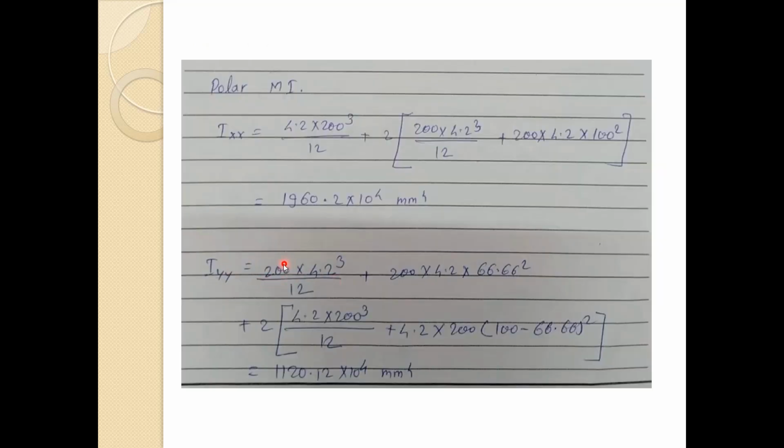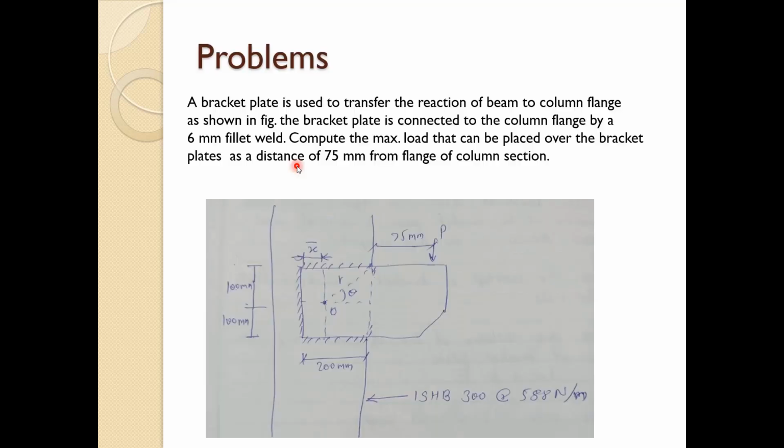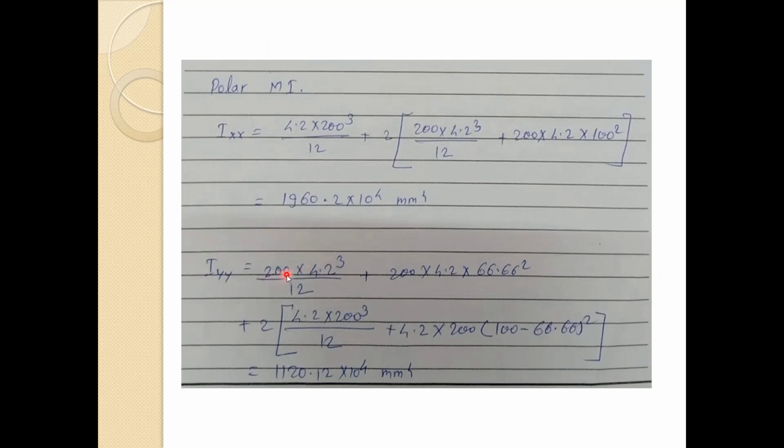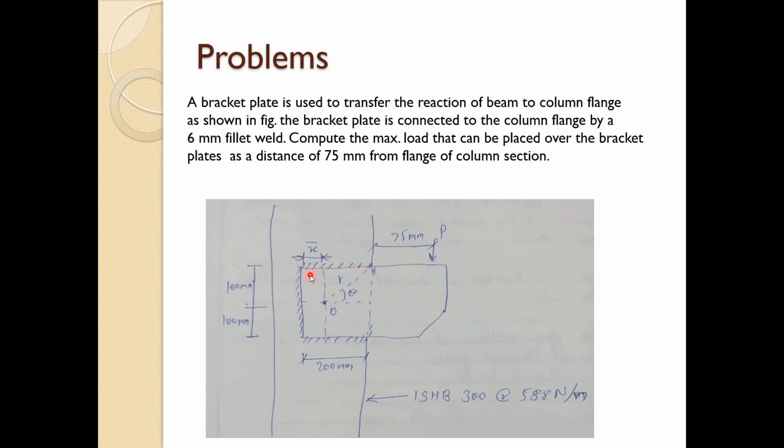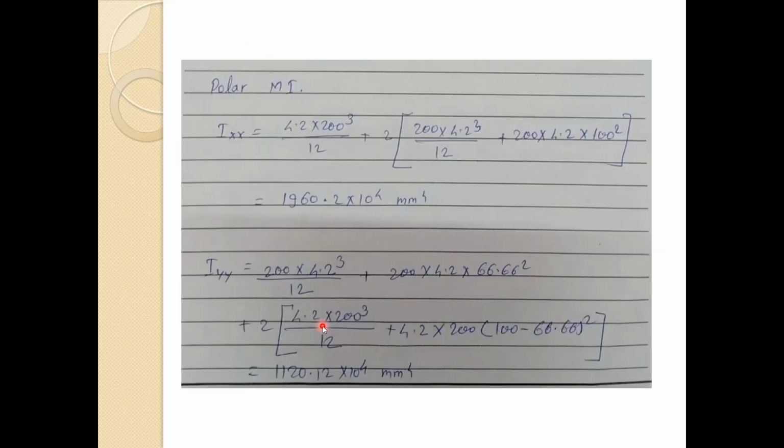Now the Iyy. So here again this first weld line, that is the vertical weld line. So now we are calculating about this YY axis. So 200 is the depth, sorry, 200 is the width, that is b, into 4.2 cube divided by 12, plus A, that is 200 into 4.2, and y is 66.66. So this is the y distance over here when we are calculating the moment of inertia about this axis. Plus 2 into 4.2.